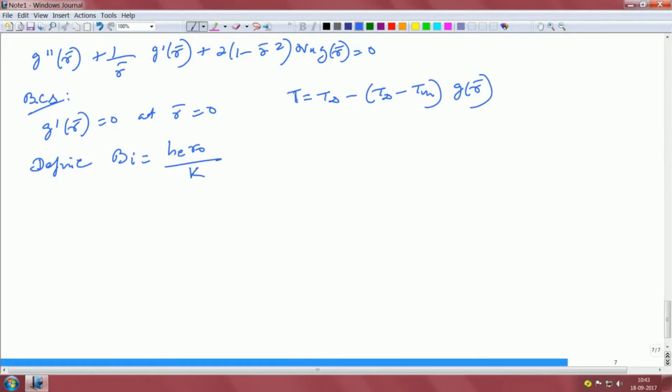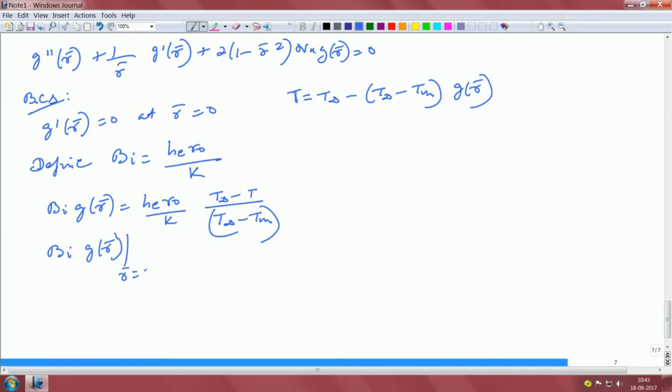So Bi into G bar is given as T infinity minus T divided by T infinity minus T infinity mean. Similarly, the Biot number times G at R bar equal to 1 is given as He R naught by k, T infinity minus T naught divided by T infinity minus Tm.